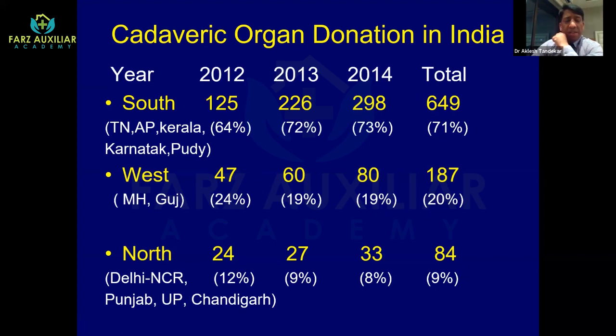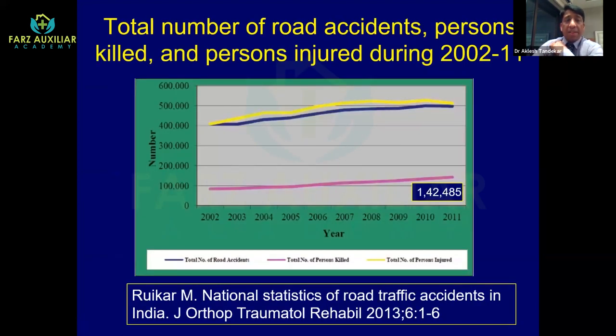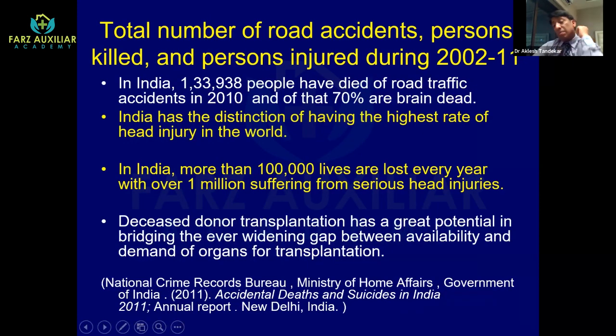And we have the least number of organ donations from the northern parts of the Indian continent. The total number of deaths from trauma is very high, and the majority of these patients will have traumatic brain injury, severe brain injury. As a result of this injury, these patients also have a high propensity to develop brain death status.